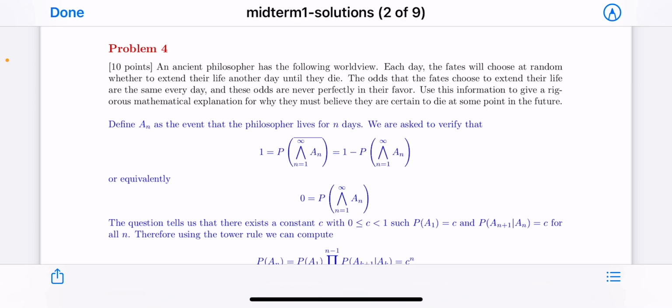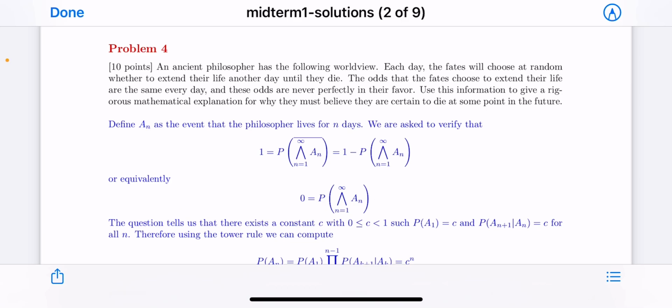So pretty much the only way to turn an infinite Boolean combination into a limit is upward or downward continuity. So just based on the fact that this question is asking about infinite sequences of events, I can clue into the fact that I should probably be thinking about upward and downward continuity.